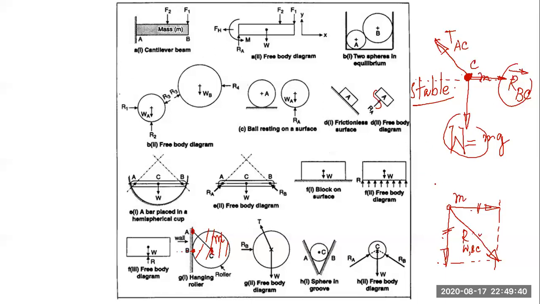So the resistive force, in order to neutralize this resultant force, must be in the opposite direction. That's why the tensile force must be from C to A, not from A to C. So it is better to write CA, not AC. So this is the concept for which the tension through point C should be towards point A, not from A to C.